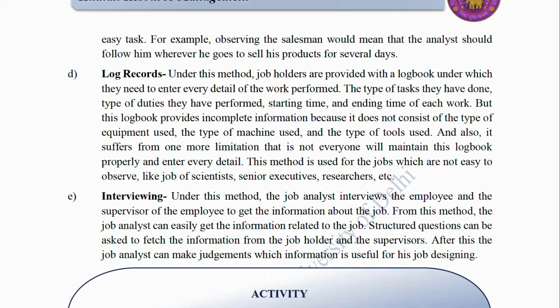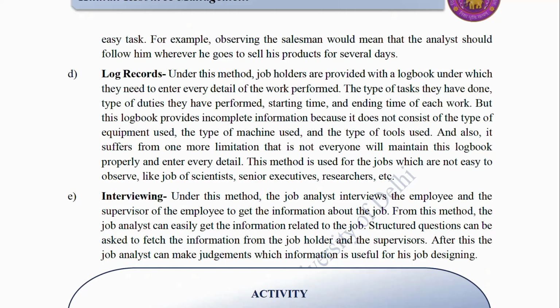And also, it suffers from one more limitation, that is, not everyone will maintain this logbook properly and enter every detail. This method is used for the jobs which are not easy to observe, like the job of scientists, senior executives, researchers, etc.